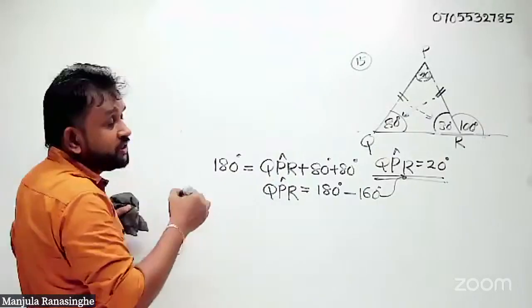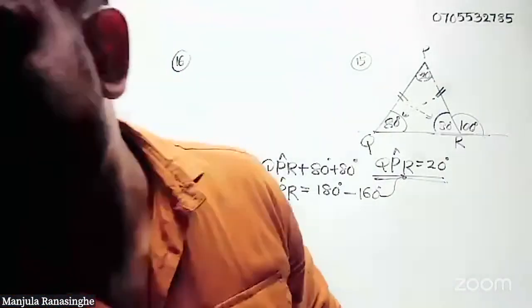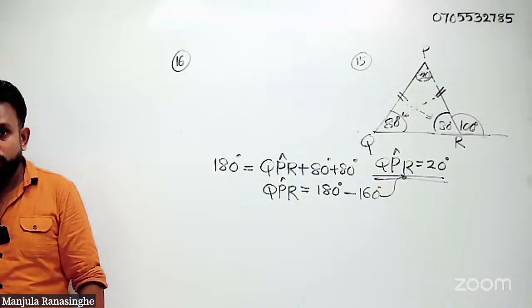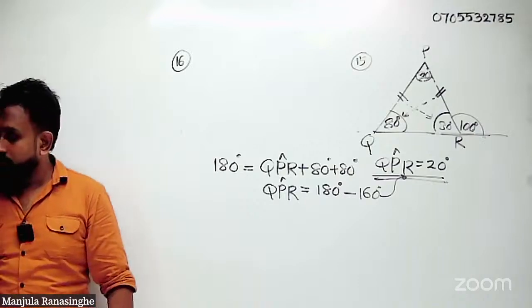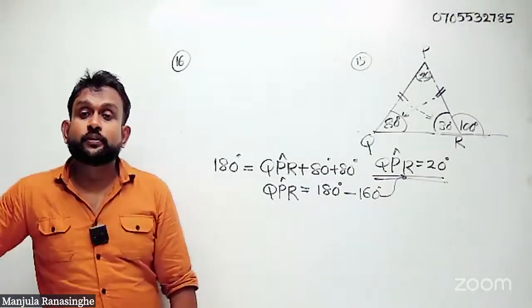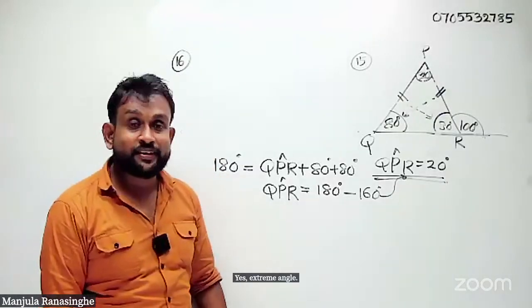Now we are moving to question number 16. The exterior angle theorem is also applicable to find the angle. How did it happen?